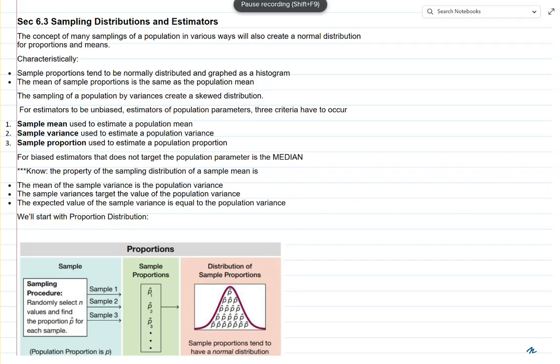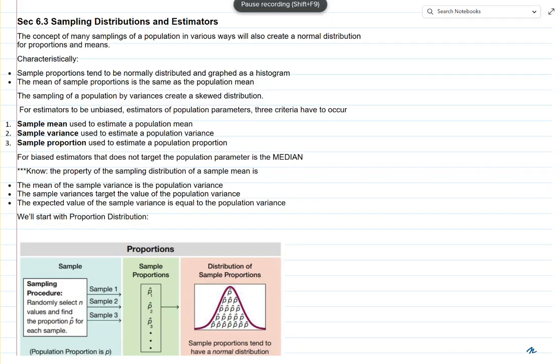The mean of the sample proportions is the same as the population mean. So here we're saying that any smaller sample can be adjusted in a fashion of all the mathematical ways of getting the mean and doing them in pairs, then figuring out that they are a normally distributed item.